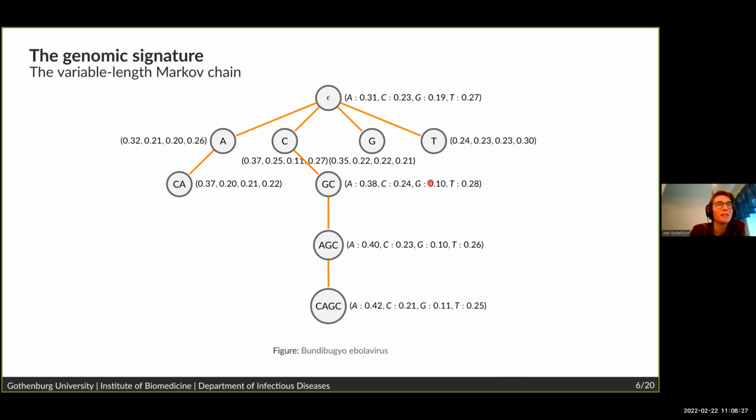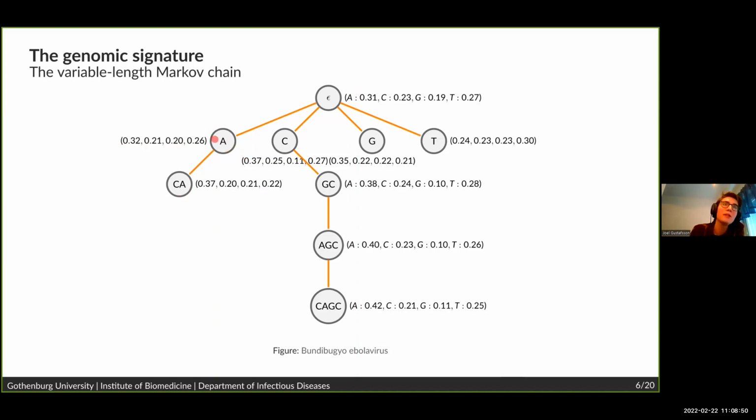And how we characterize that is by looking at in which cases are the differences when we add this sort of context, in which cases does that matter? So in this simple example, we have the probabilities of observing each nucleotide after an A, for instance, and after CA.